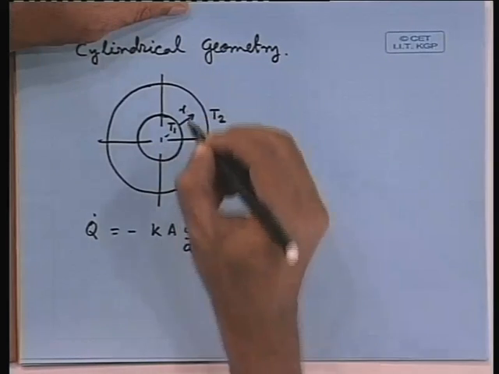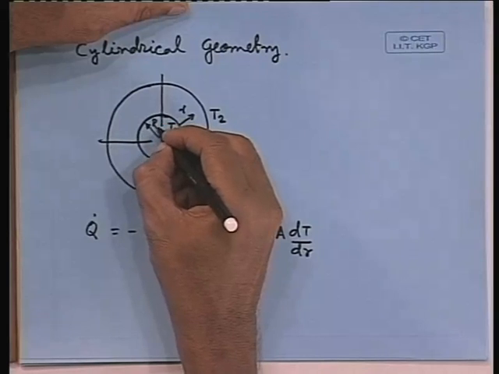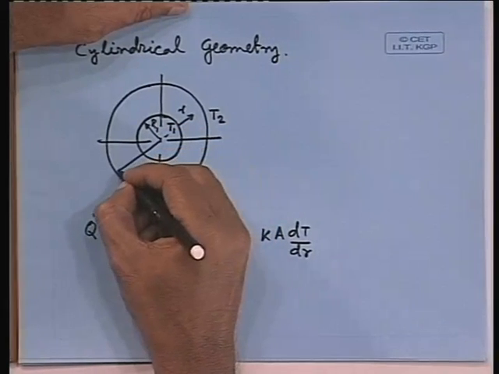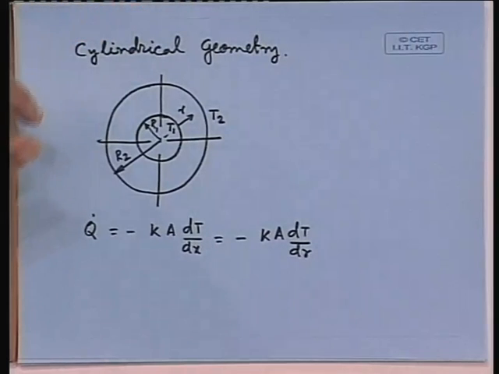This is r, and let us say this is R1 and this is R2. All right, we have got two radii R1 and R2, inner radius and outer radius.